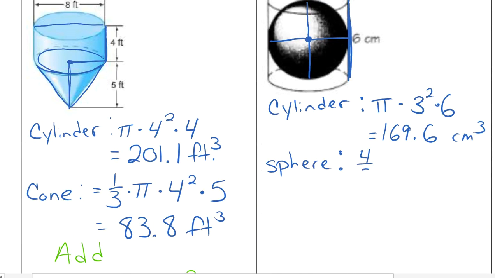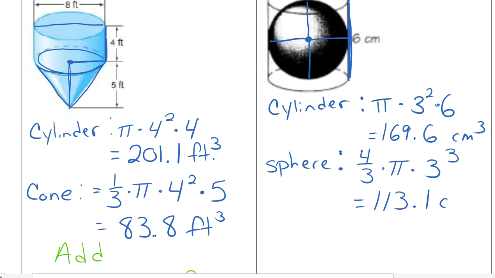So I have 4/3 times pi times the radius, which we just discussed was 3, cubed. Now again, if you're struggling with fractions, you can do 3 cubed times pi times 4, the numerator of your fraction. Once you get that answer, then you can divide by 3.